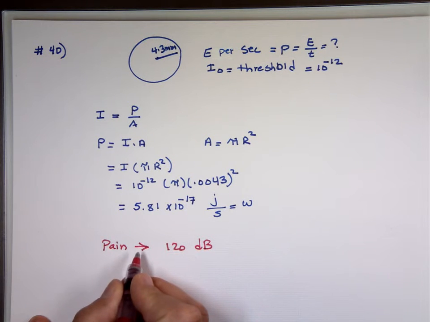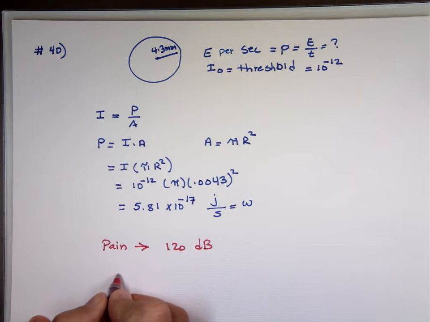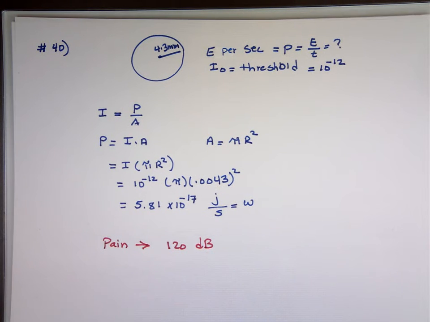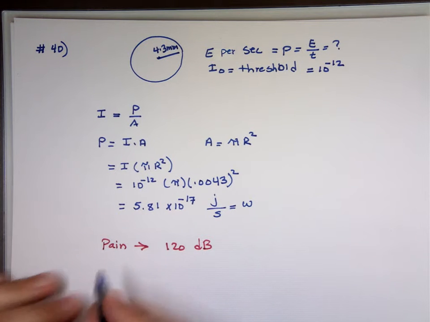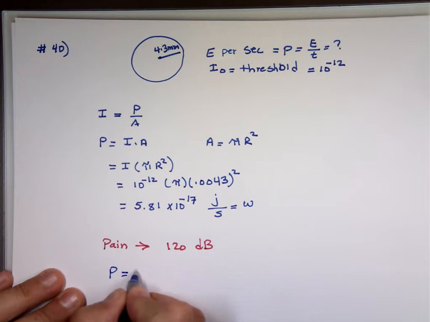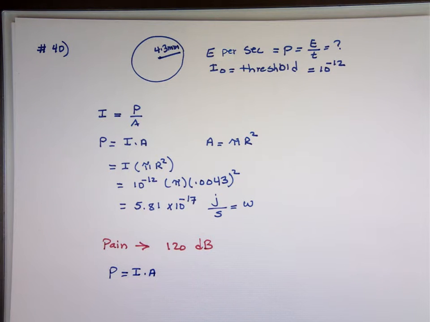I have to look and see again. We're looking for P. P equals I times A. Let me see how they want the answer, what unit. Let me answer part A first. They want it in watts, with two significant digits.